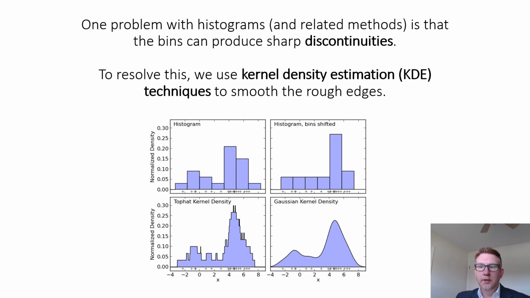As I said, this is really more than just a visualization problem. This is actually a problem in terms of how we think about our data, what it means. One basic problem here is that the histograms produce these sharp discontinuities, and this is actually true of our spatial data, but it's also true of statistical data presented as a histogram.